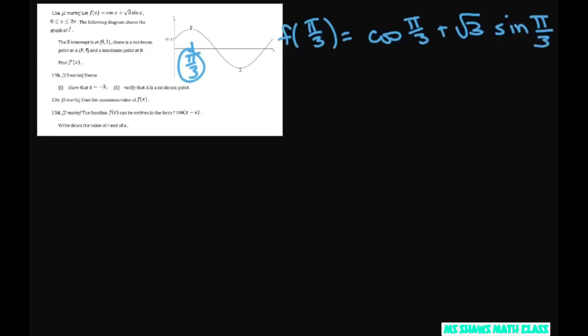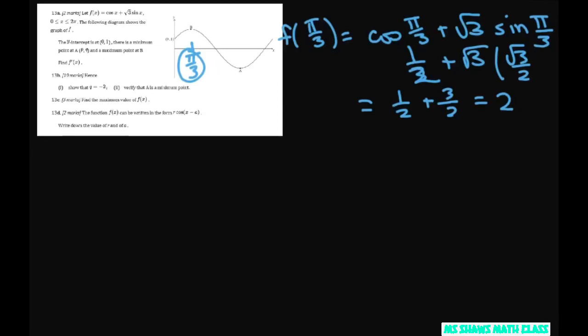So f of pi divided by 3 equals cosine of pi divided by 3 plus square root of 3 sine of pi divided by 3. So this gives you 1/2 plus 3 times the square root of 3 divided by 2, which is 1/2 plus 3/2, which equals 2.